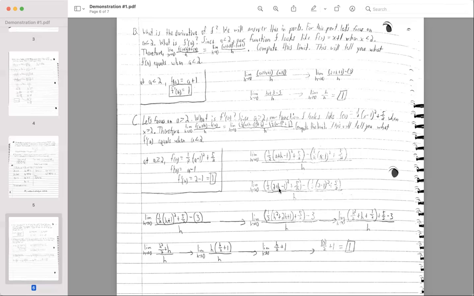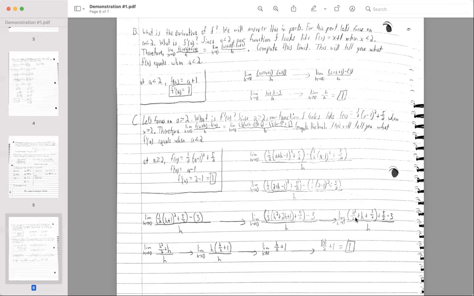And then after plugging this in, h plus 3, you can now multiply that out, and that'll give you half times h squared plus 2h plus 1 plus 5 halves and then minus 3. So now we can kind of condense this a little bit.